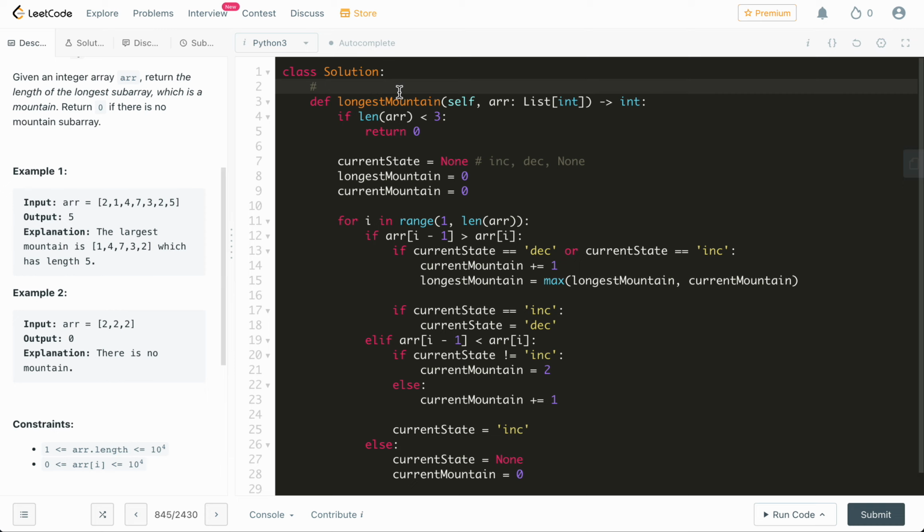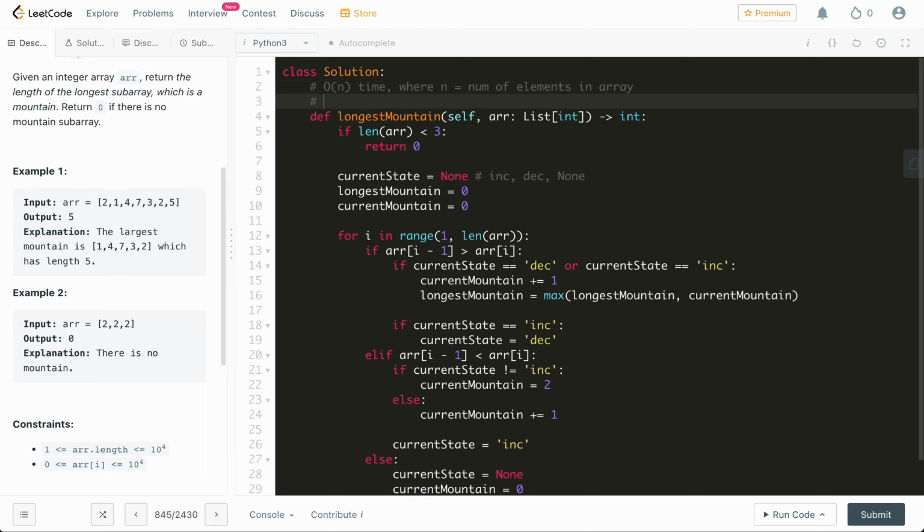So our time complexity would be big O of n, where n equals the number of elements in the array, and then the space complexity is going to be constant space. The reason why it's constant is because we are setting the current state, the longest mountain, and the current mountain, but that's only 3. So really you could say it's 3, but in reality we're just going to put 1 space, and that will be it.